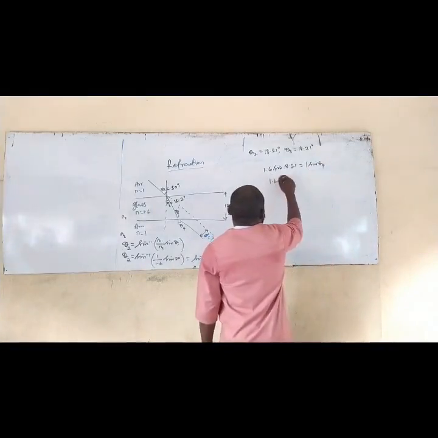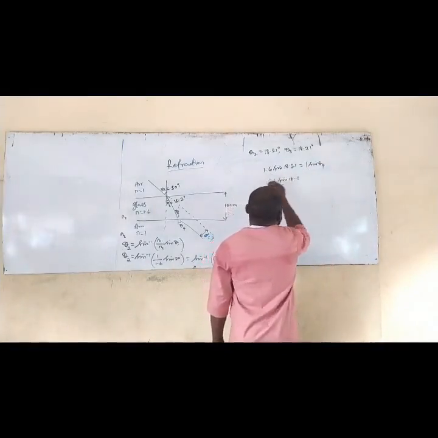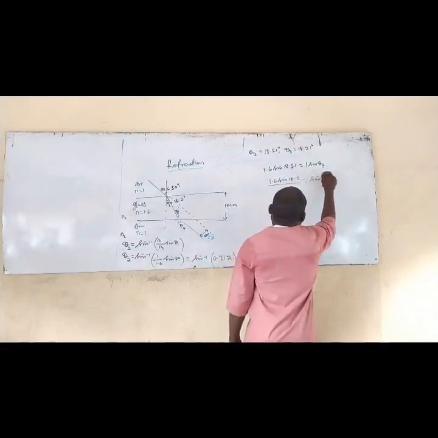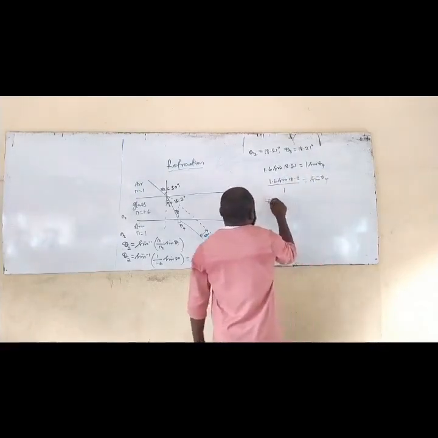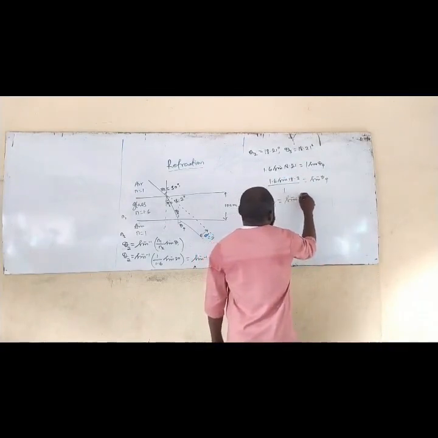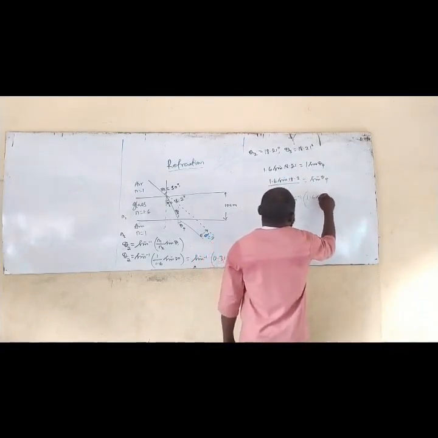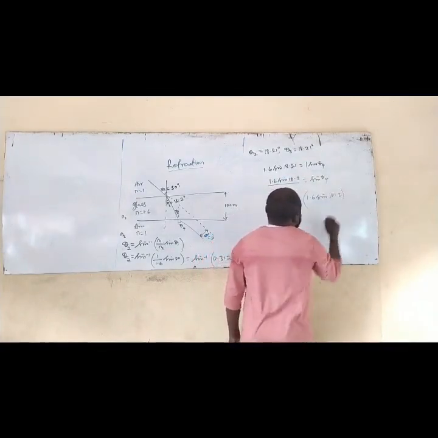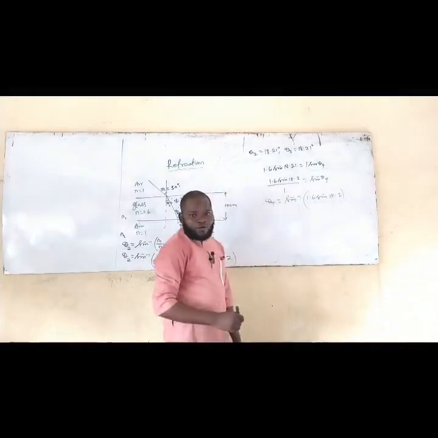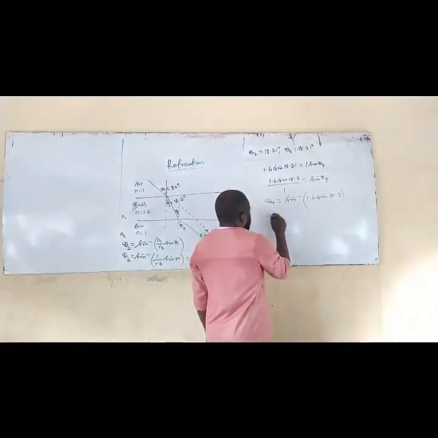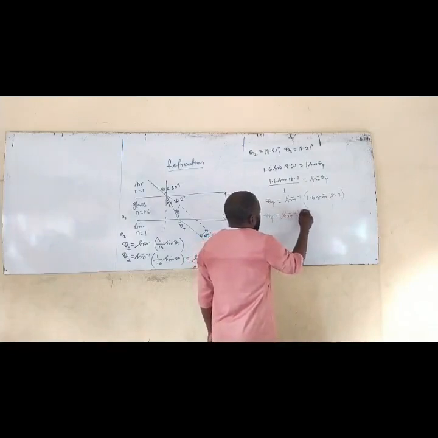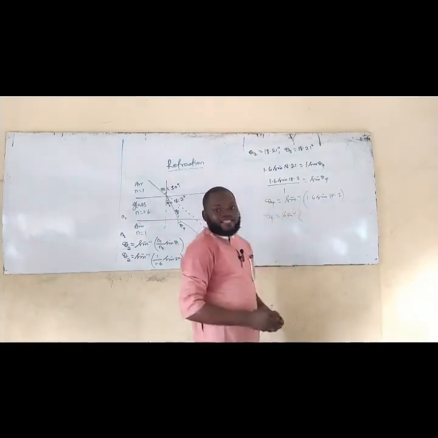Therefore, I have 1.6 sine 18.2 divided by 1 equals sine theta 4. So theta 4 equals what? Arc sine of 1.6 sine 18.2. Are we following, guys? So what will be our result now?